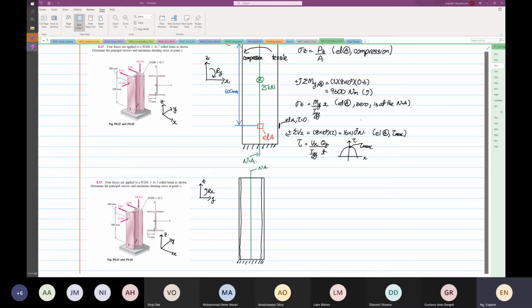Then the next thing is our element A. That's our element A. Then we start drawing our forces. So we have 8 kilonewton going in.